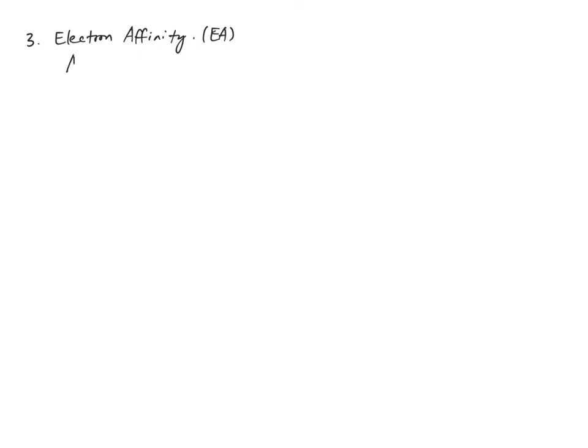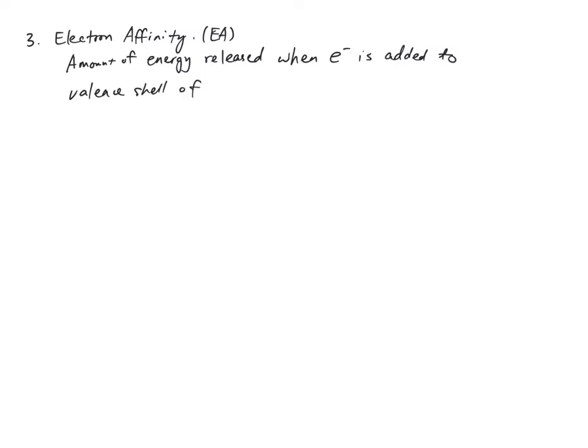So this is the amount of energy released when an electron is added to the valence shell of a particle.